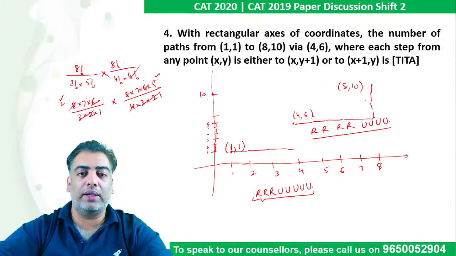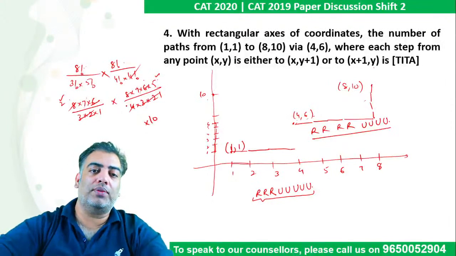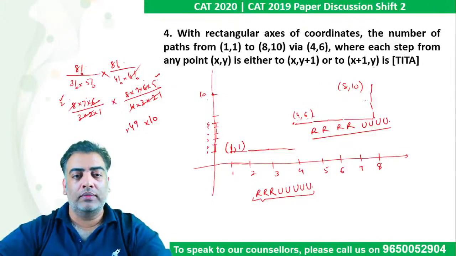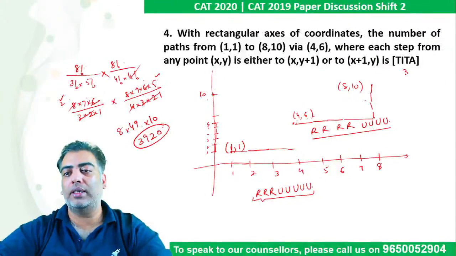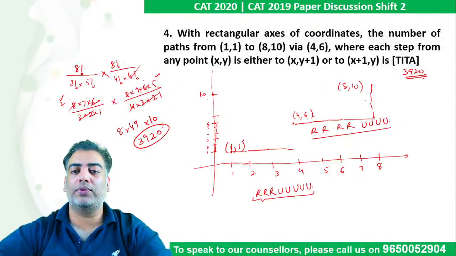So 2 into 5 is 10. 7 into 8 into 7 is left. 7 into 7, 49. Into 8 will be the final answer. So 8 nines are 72, 7 carried ahead. 32 plus 7, 39. So finally the answer comes out to be 3920 ways of going from (1,1) to (8,10).